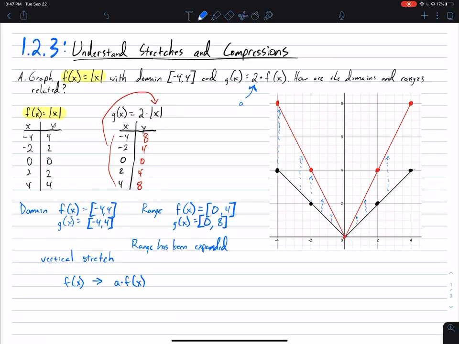Now, to determine whether there is a vertical stretch or a compression, you're going to have a stretch when a is greater than 1. And you're going to have a compression when your a value is between 0 and 1.